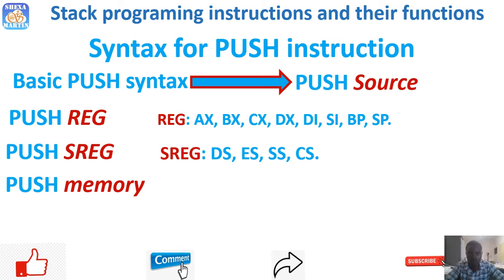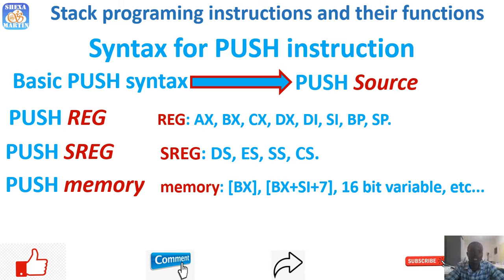this, you can push data from the memory. You know how to access memory. Like I said, whenever you see the square brackets, you must know that we are now accessing memory, and whatever is within those brackets represents the effective address, which is the memory location. Right, so here are some examples of memory locations.